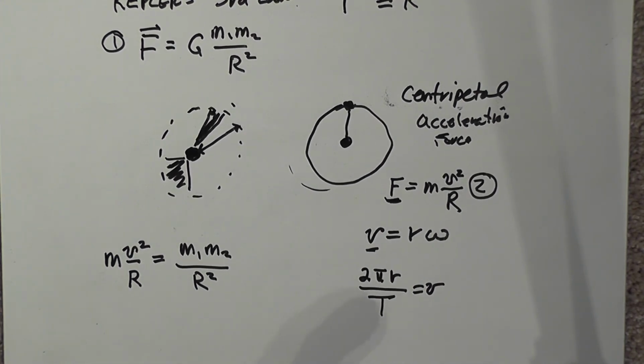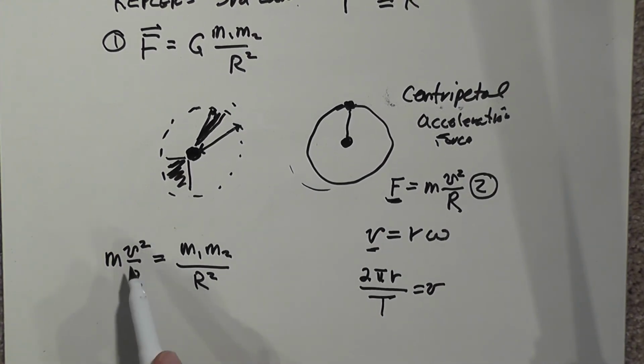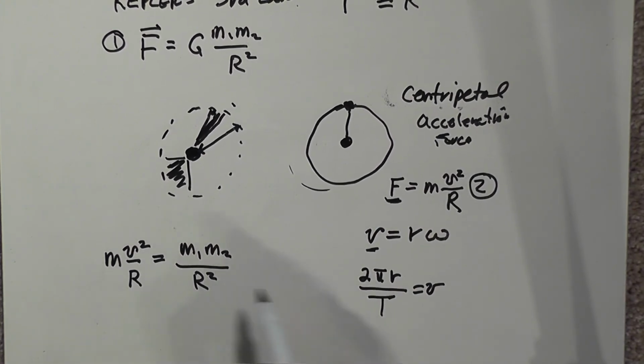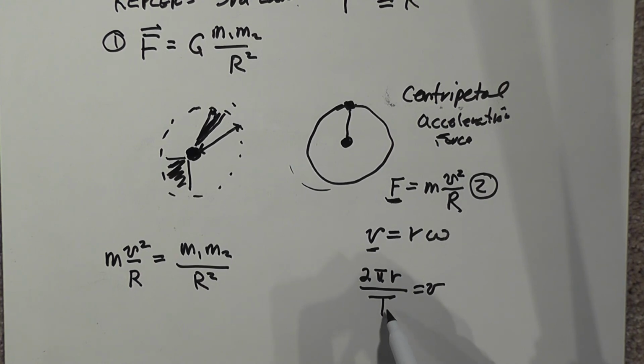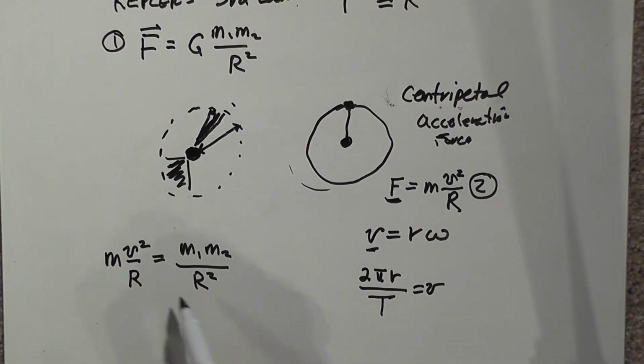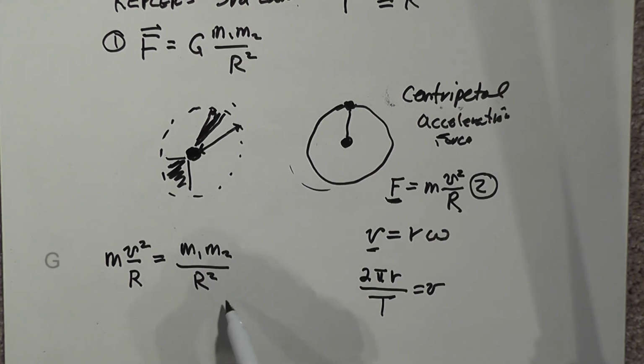However, we don't want this. We want to replace this v in this equation right here, because we want to get the period, the T, into this equation. We're not going to be dealing with velocities, we're going to be dealing with distance and periods. So how do we do that?